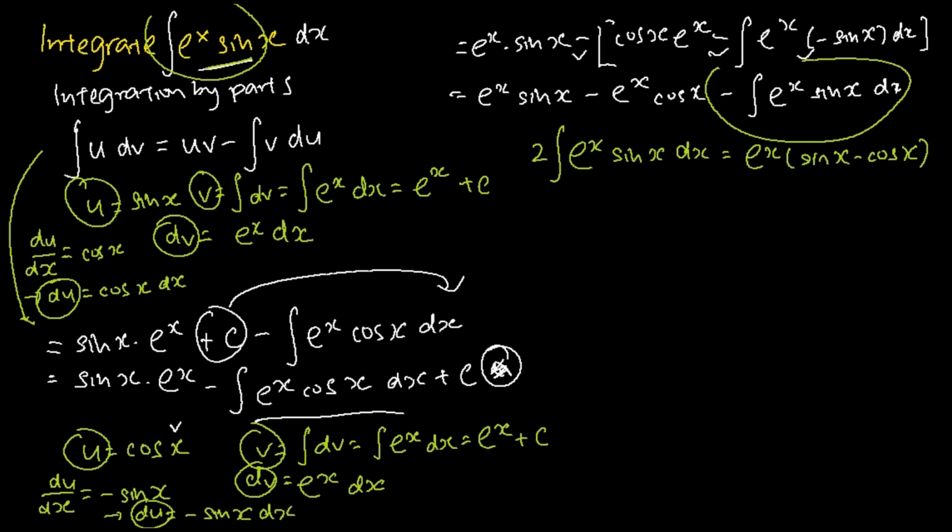And last but not least, to find my integral of e to the power x sine x, we just simply divide both sides by 2. We will get the integral of e to the power x sine x dx is equal to e to the power x times sine x minus cosine x, over 2.